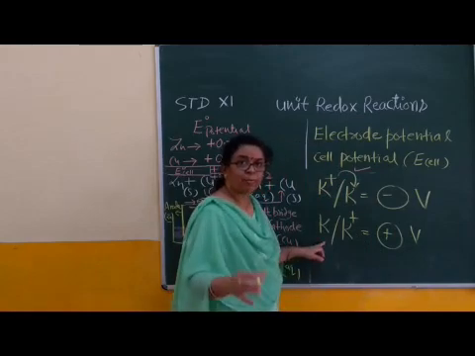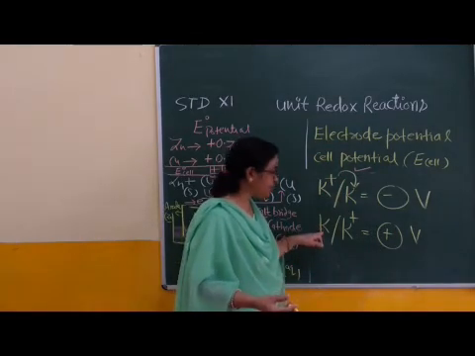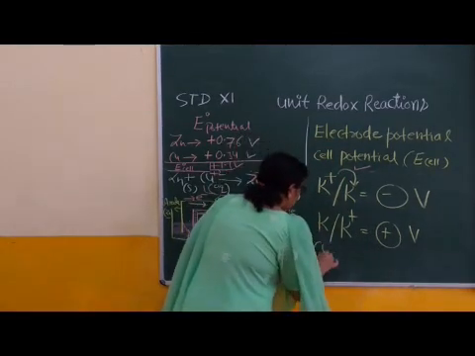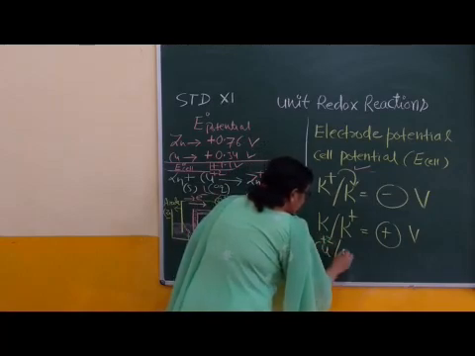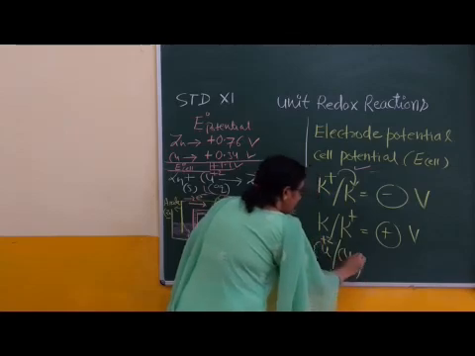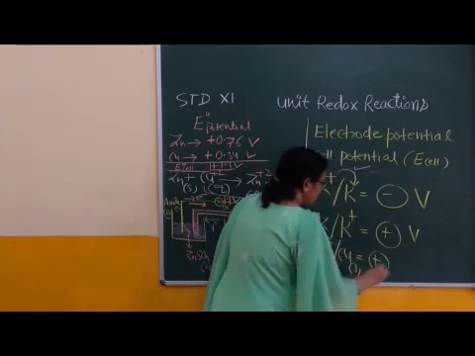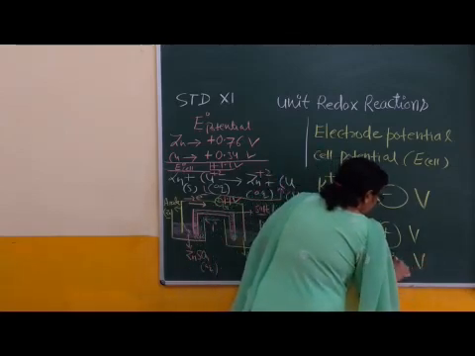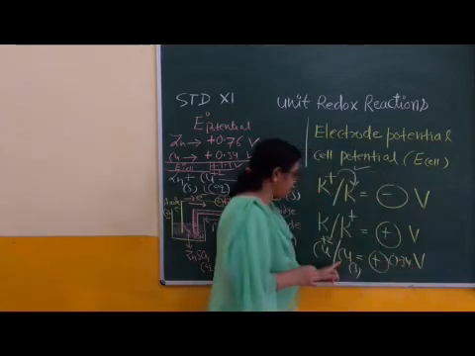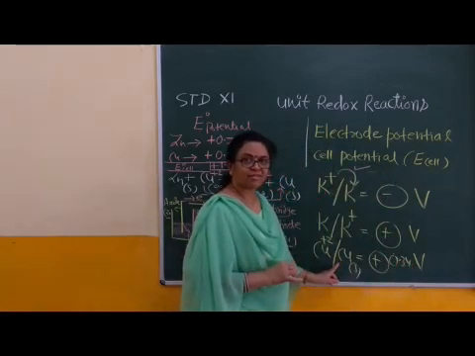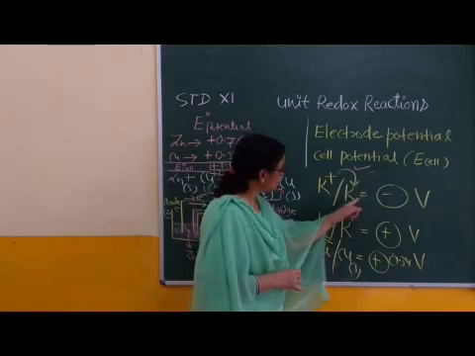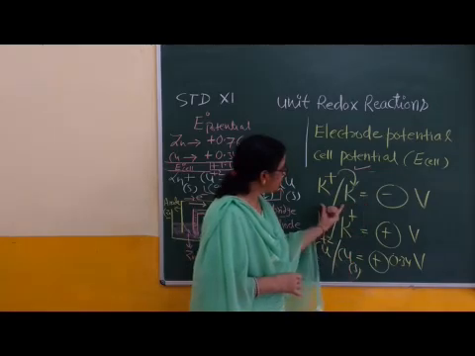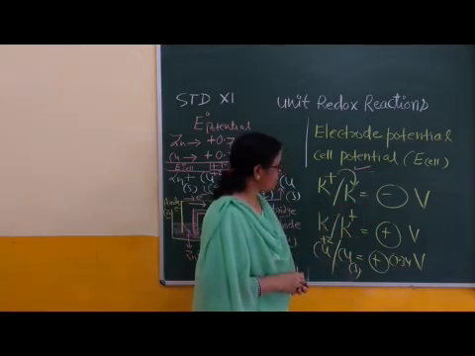Copper is placed below hydrogen, so copper is less reactive than potassium. What is the actual notation? Copper ions are reduced to copper metal, and you know its value is 0.34 volt. This is a spontaneous, feasible process, but the reverse is non-spontaneous. So this is the significance of the sign in electrode potential notation.